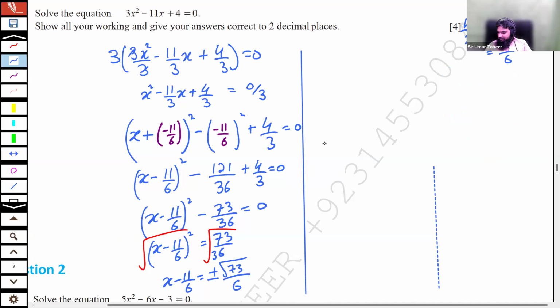Now we have x is equal to square root 73 over 6 plus 11 over 6. In the same way, x is equal to minus square root 73 over 6 plus 11 over 6.